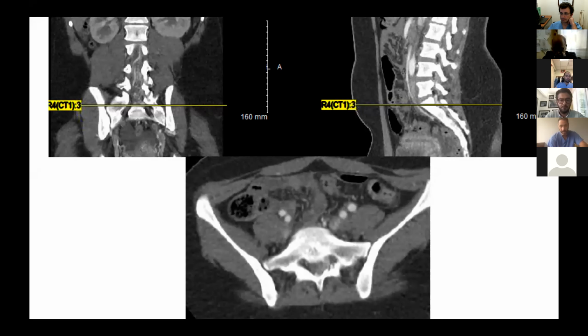It turned out to be a nothing diagnosis, just abdominal pain. The reason I have the markers here will become relevant in a second, but you can see behind the vertebral body, adjacent to the spinal cord, a mass lesion that is contrast enhancing.